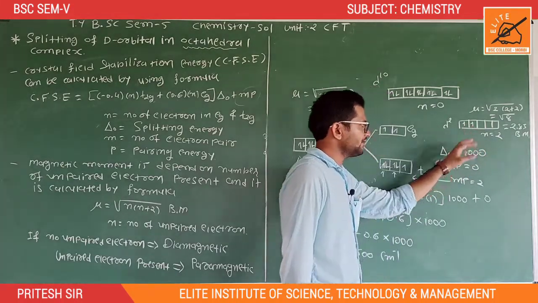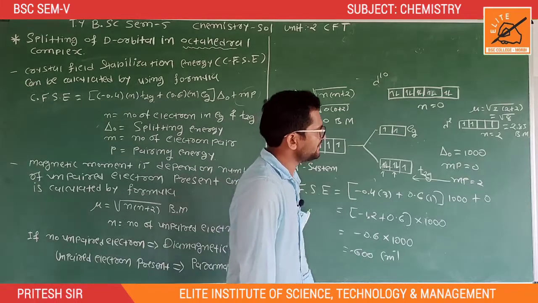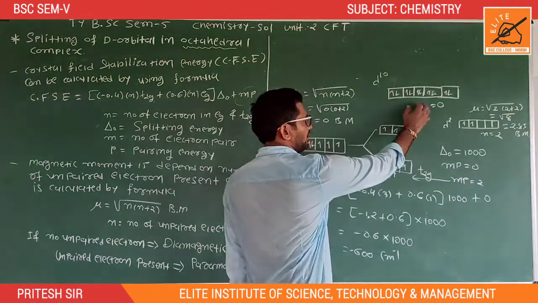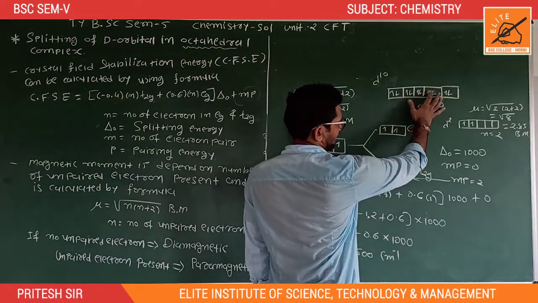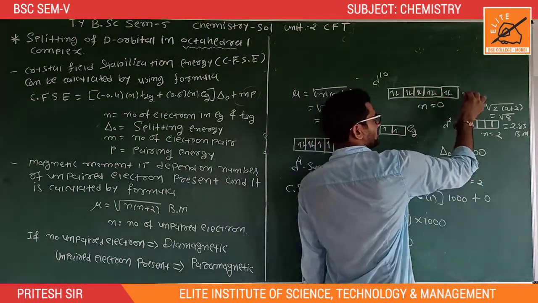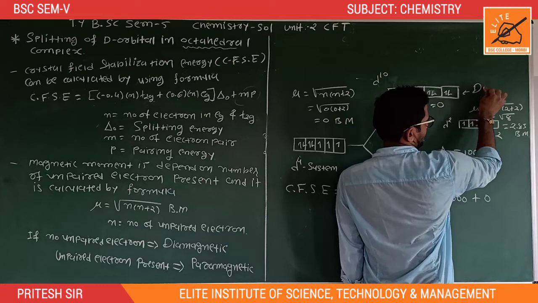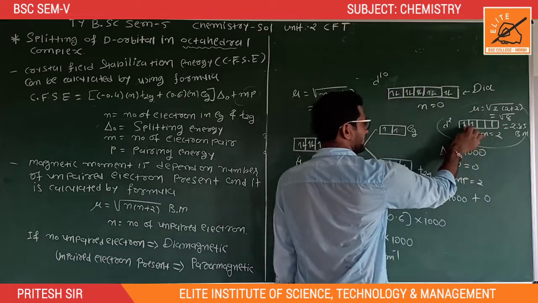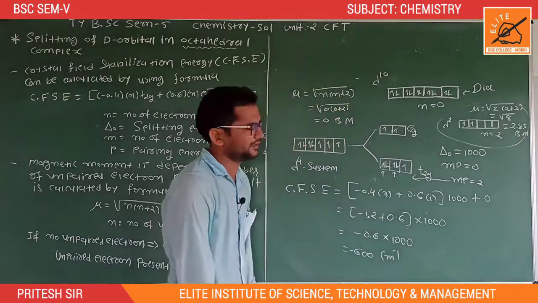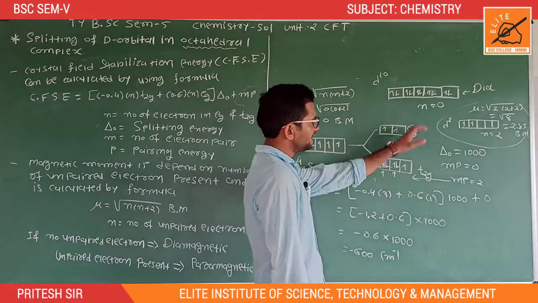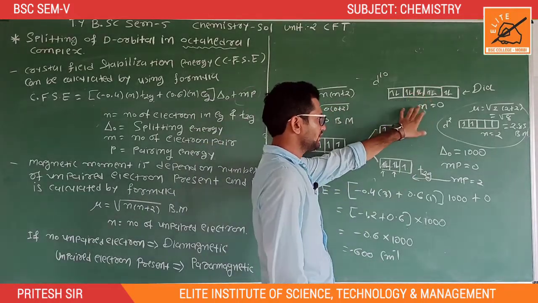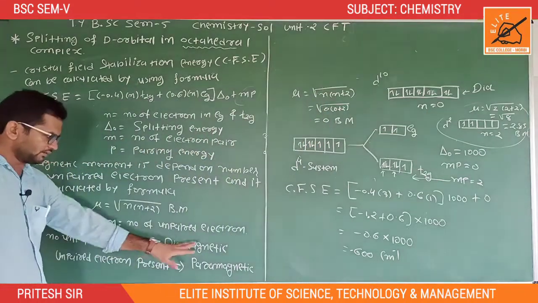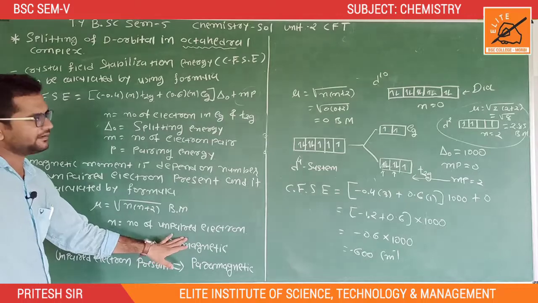If only one single unpaired electron is present at that time, this complex is known as paramagnetic. If all these electrons are paired, this complex becomes diamagnetic. So this is a paramagnetic complex because two unpaired electrons are present in this complex. In a d10 system, all the electrons are paired. It means the value of n, the number of unpaired electrons, is equal to 0.